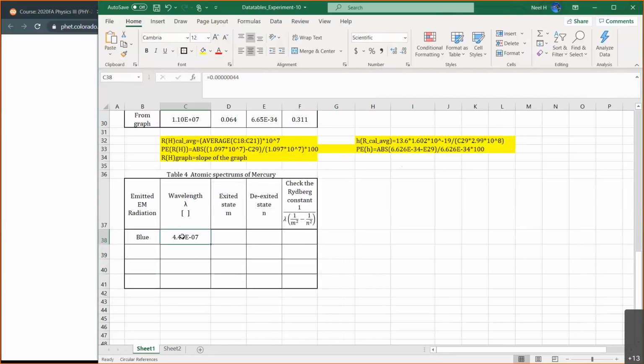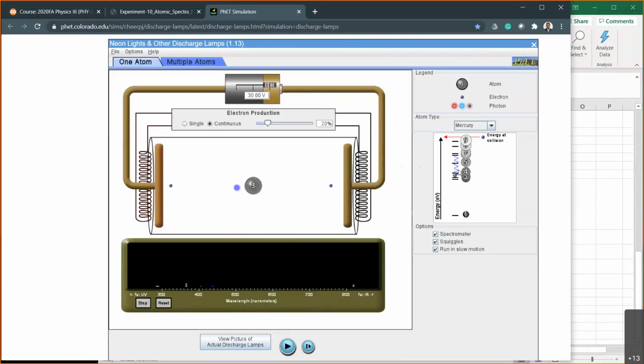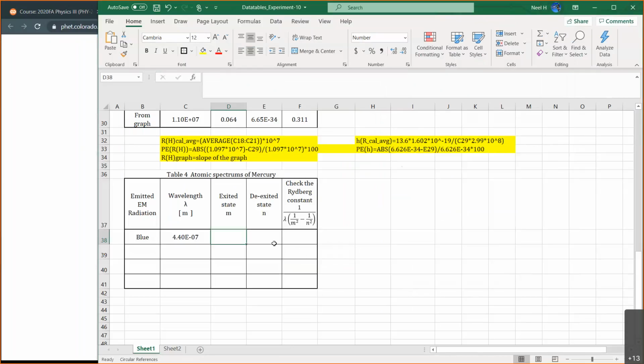Then you will see the number we wrote earlier by separating out the 10 to the power value. We can still do that, but we don't necessarily need to. Then we can put here meters. Okay. And the states, the excited state is starting from 6 and goes to number 3, right? So it goes from 6 to 3.